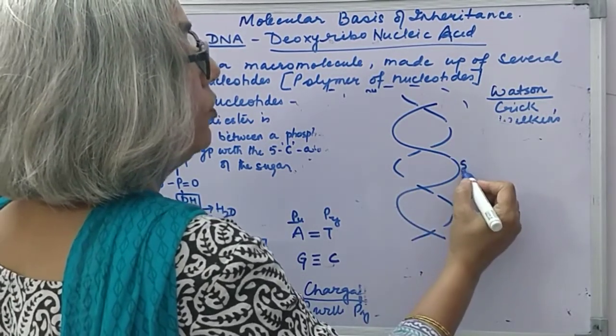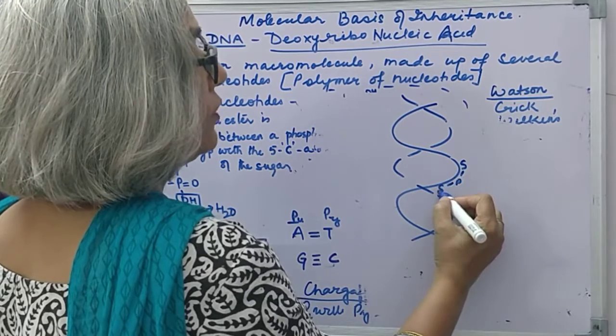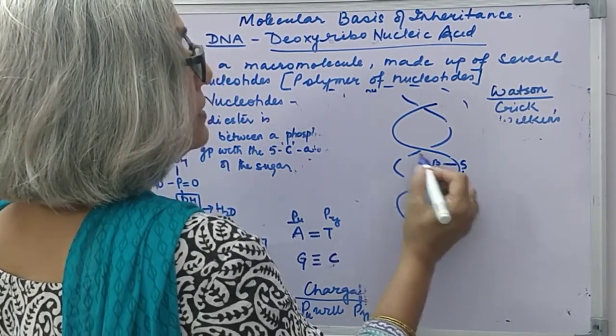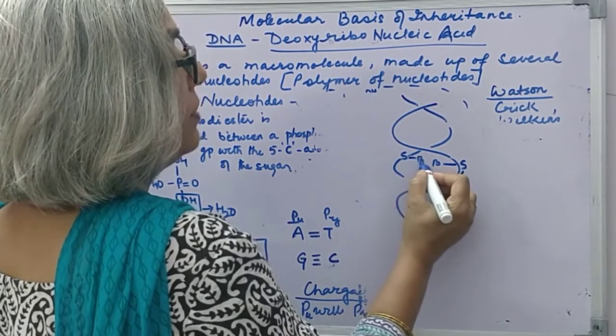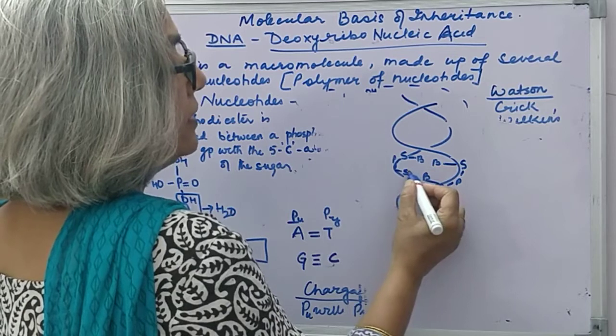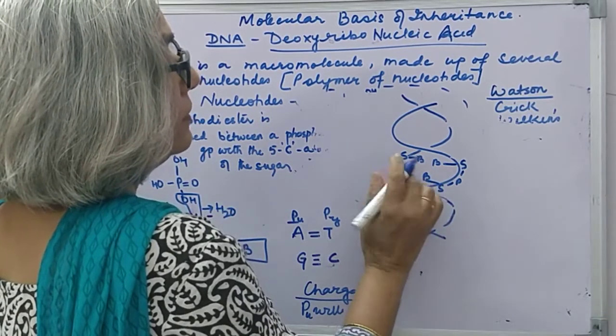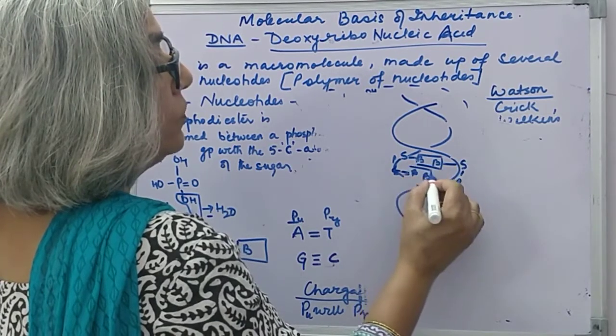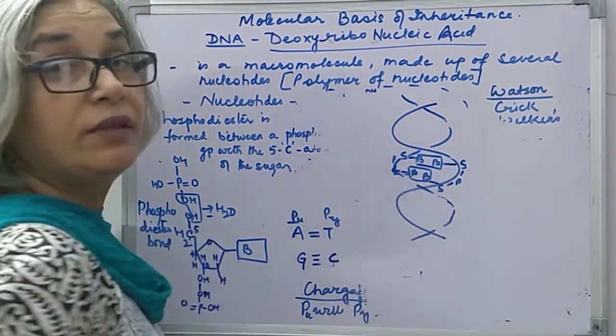And this backbone is the sugar phosphate backbone, and inside are the bases. The sugar and the bases are inclined inwards, and there is a weak hydrogen bond between the bases.